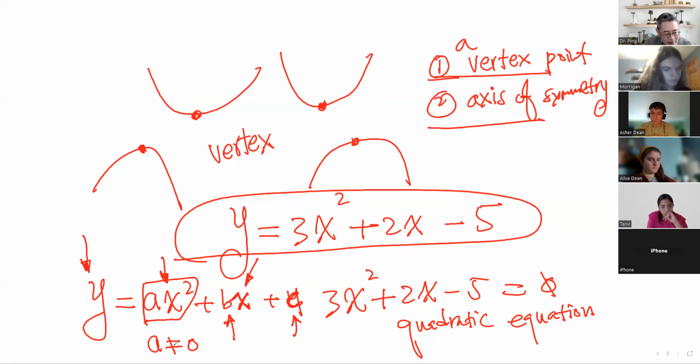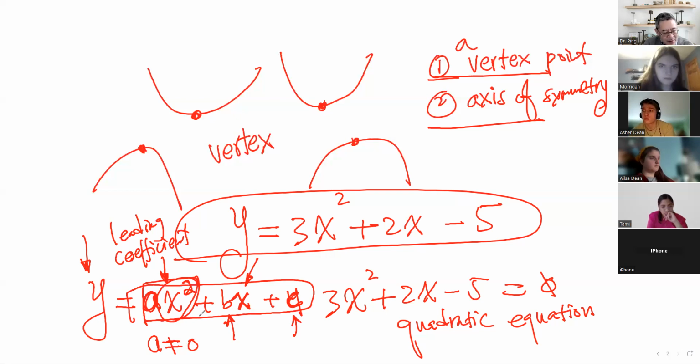The only thing they cannot be is this coefficient. This is called the leading coefficient, because this term x squared is the highest degree in this function. So the leading coefficient cannot be 0. Other than that, they can be any real number.